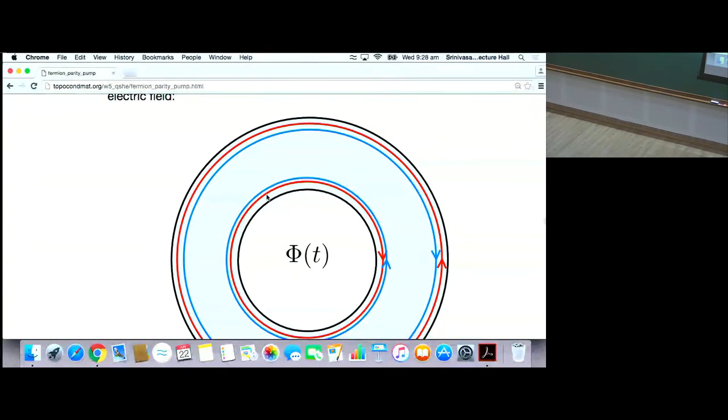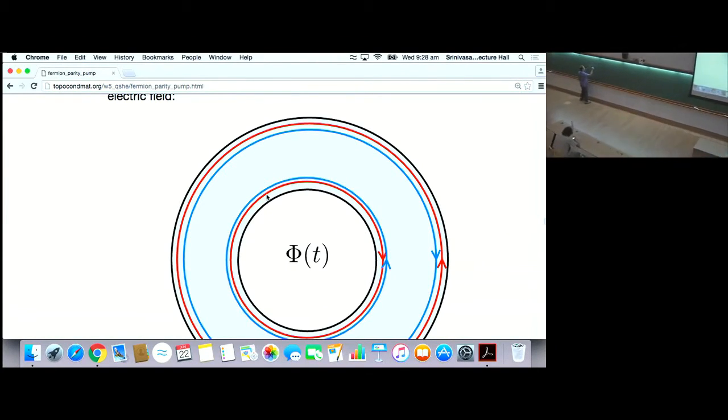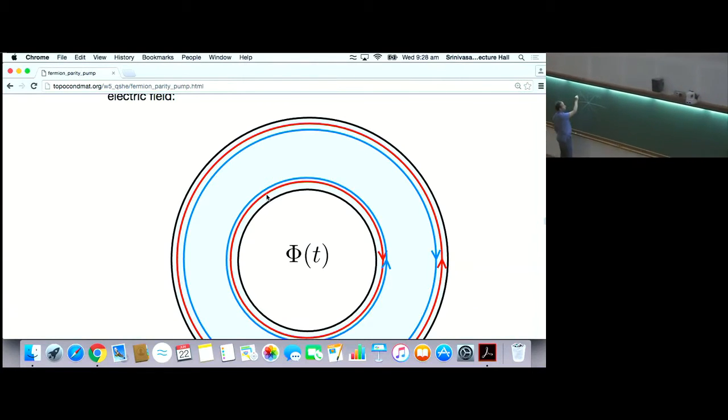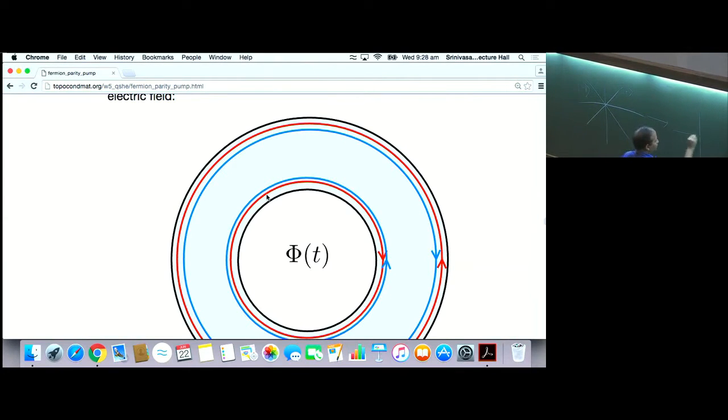This was the point, that it was still robust, because I have a mode, let's call it plus, which is going in one direction, and I have a time reversed mode, minus, which is going in the other direction. But then the question comes, can I open a gap at this point? Can I get rid of this gapless edge mode?